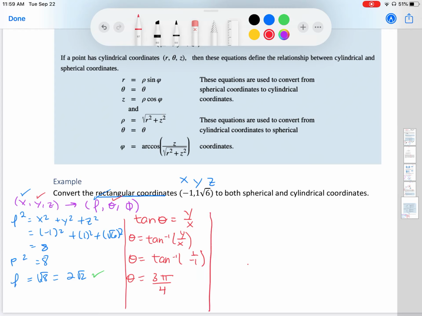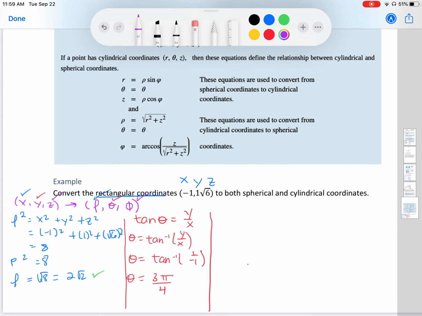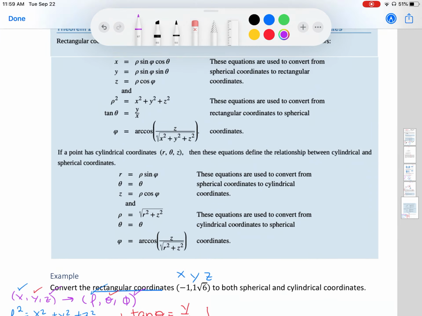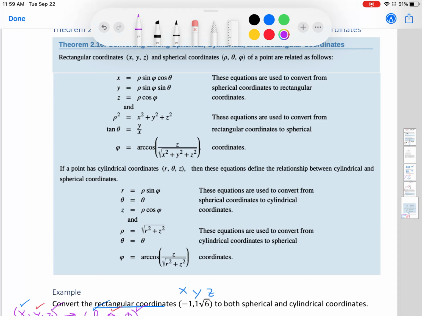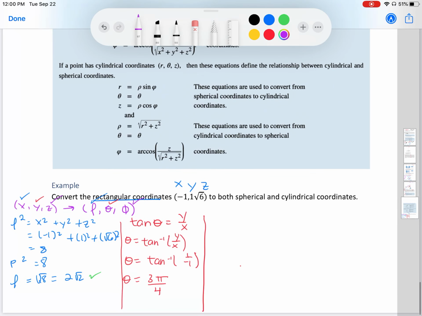Okay, lastly, we need to go ahead and find my phi, or our phi. Okay, so we have a really nasty formula for phi. Can we use some other one of the equations listed to help us find phi using what we have? And we do, right? So I'll write a little note. Instead of the phi formula, let's use z is equal to rho cosine of phi, not theta, phi.